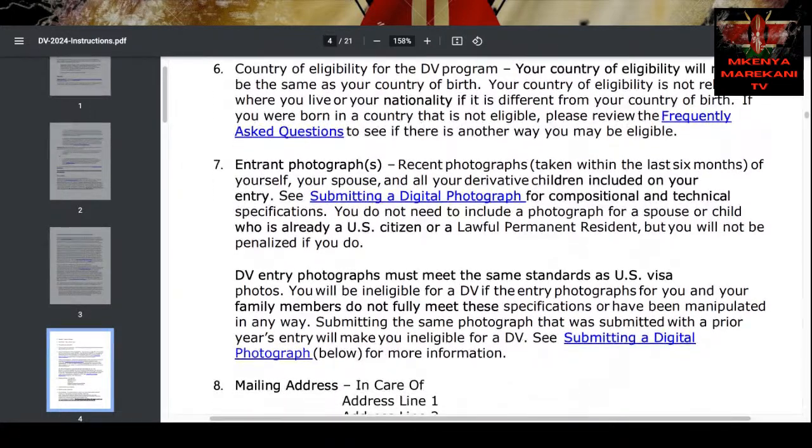So the DV entry photograph must meet the same standard as US visa photos. You will be ineligible for a DV if the entry photographs of you and your family members do not fully meet this specification or have been manipulated in any way. So guys who are asking me if they can take pictures with phones, you see the way they are very strict with this picture.